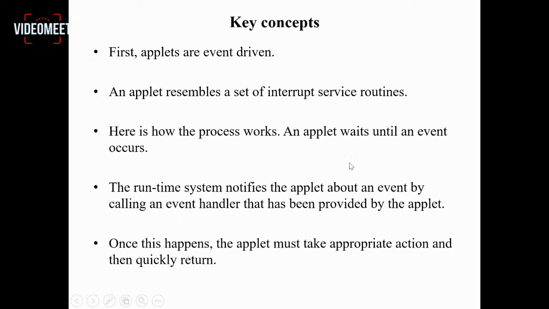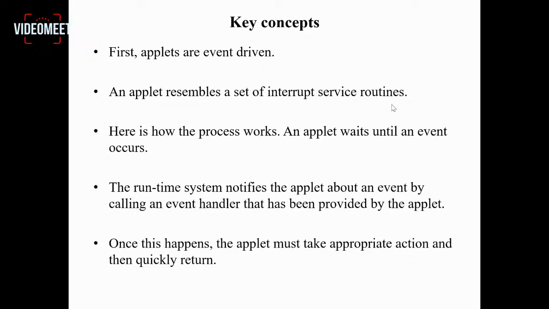So here is how the process works. An applet waits until an event occurs. The runtime system notifies the applet about an event by calling an event handler that has been provided by the applet. Once this happens, the applet must take appropriate action and then quickly return. So this is what I told you when I was discussing the interrupt service routine, right?